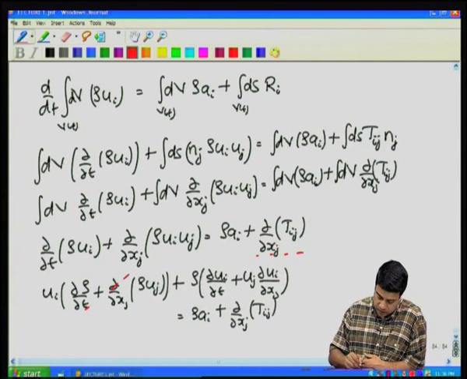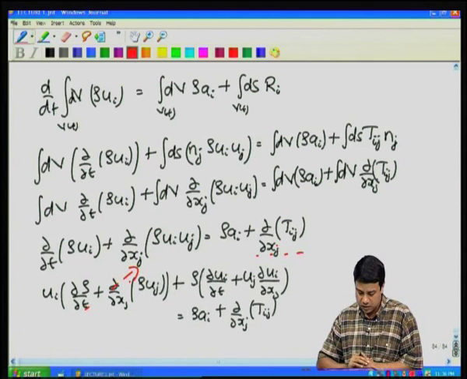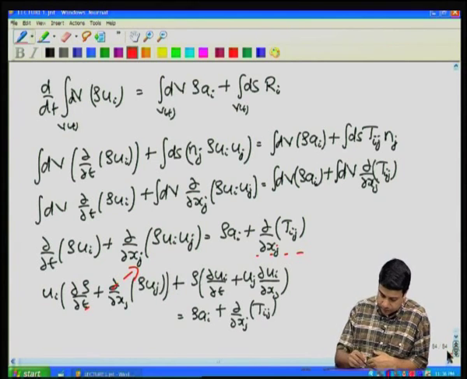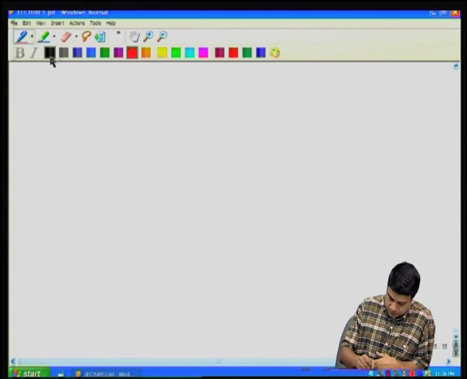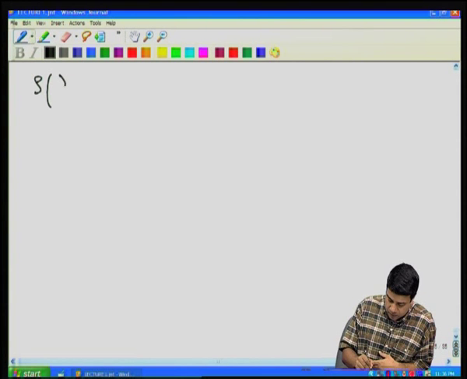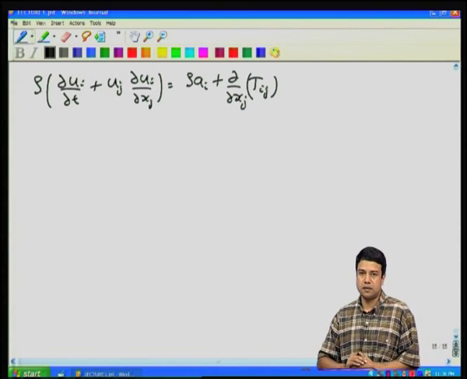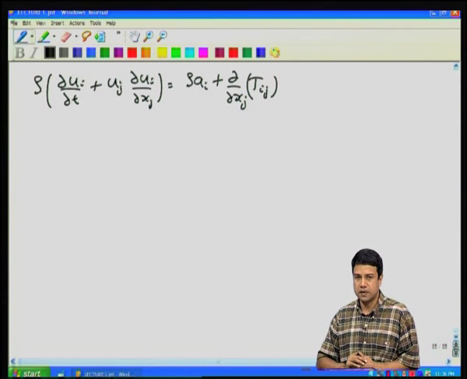Therefore, this momentum equation can also be written as ρ times (∂u_i/∂t plus u_j ∂u_i/∂x_j) is equal to ρ a_i plus ∂T_ij/∂x_j, where T_ij is the stress tensor. So, that is the momentum conservation equation in the x direction.